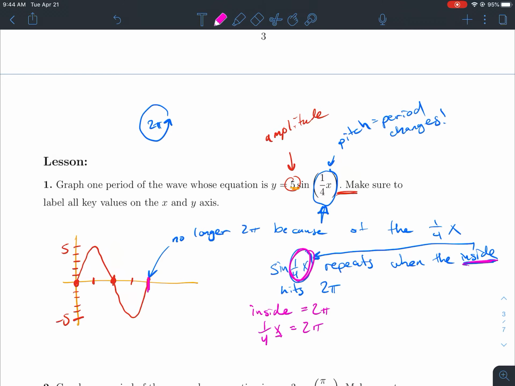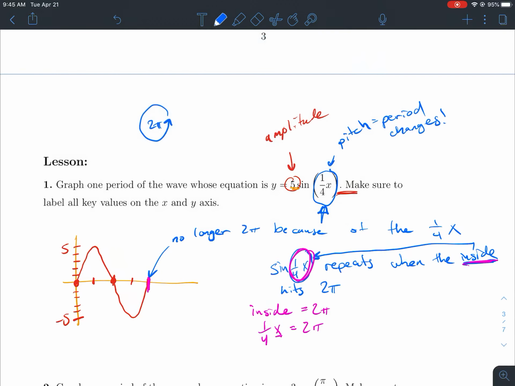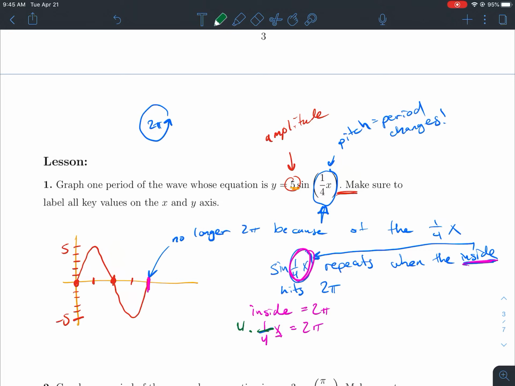Because that would be one full cycle, and that would be the value that goes right here. So to solve this equation, it's actually pretty easy, even though it's a fraction. Division by 4 is canceled out by multiplication by 4. So we do that on both sides. And we're left with 1x, which is just x equals 8 pi.